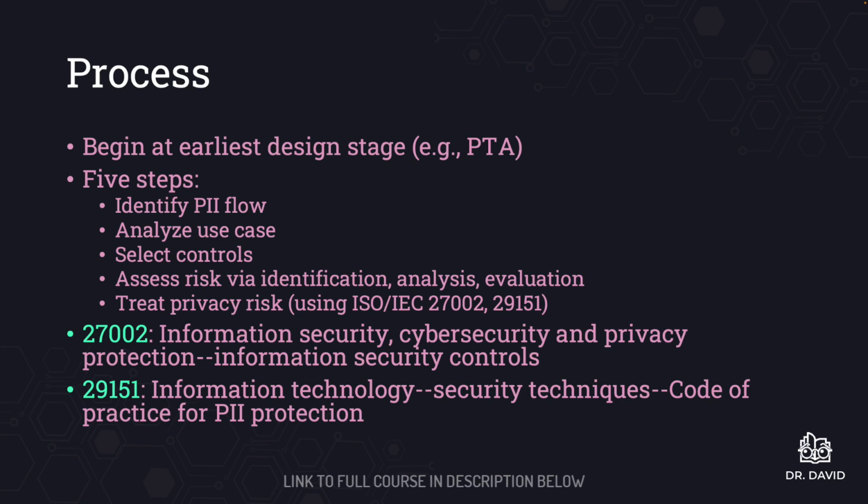And just as another FYI, the full titles for standards 27002 and 29151 are as follows: Information Security, Cybersecurity, and Privacy Protection, Information Security Controls. And 29151 is Information Technology, Security Techniques, Code of Practice for PII Protection.